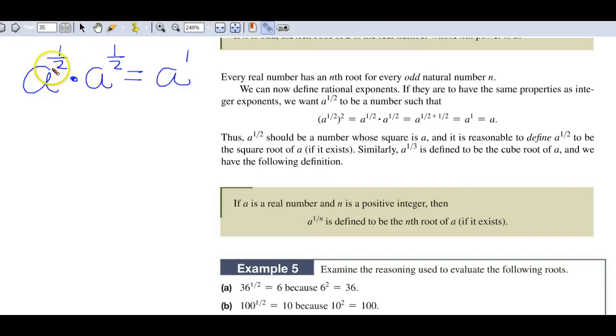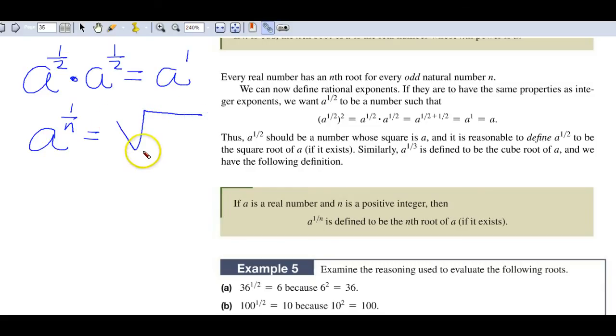Now, there is a relationship that we'll be building as we go on. And if we say a to the 1 over n, this is a fractional exponential form, this is related to a radical.